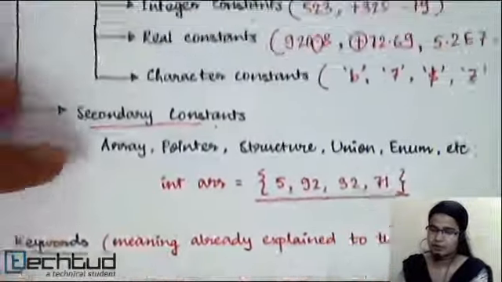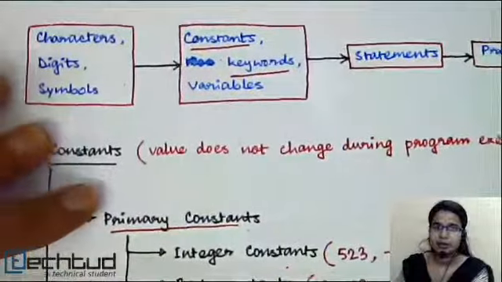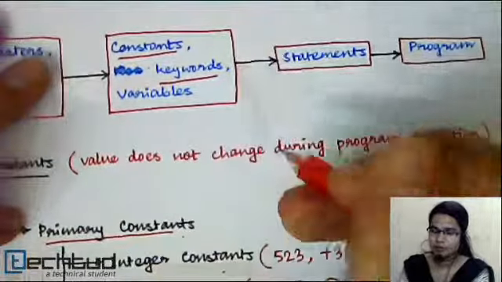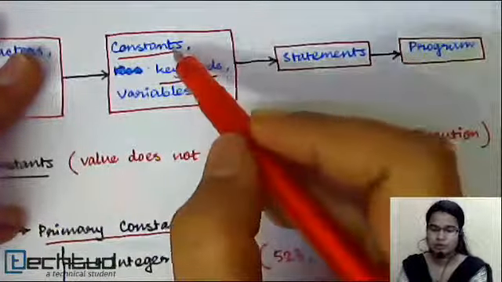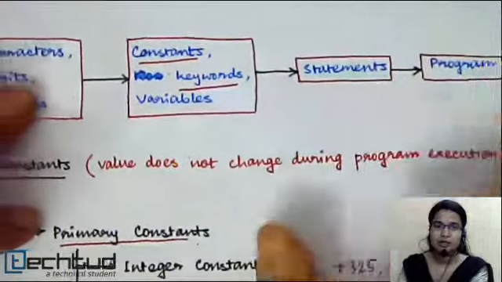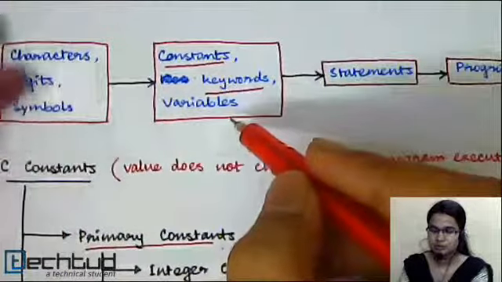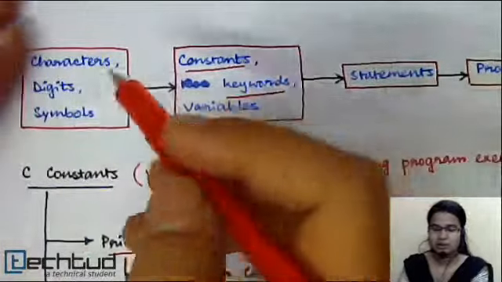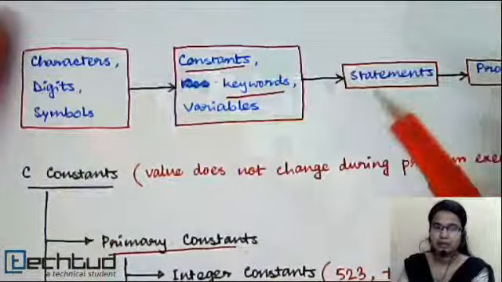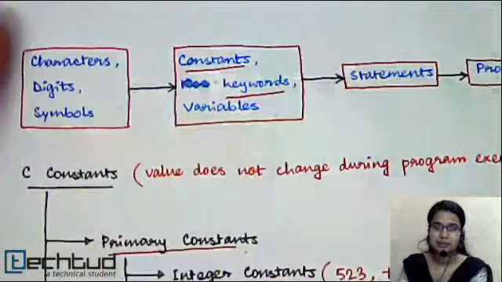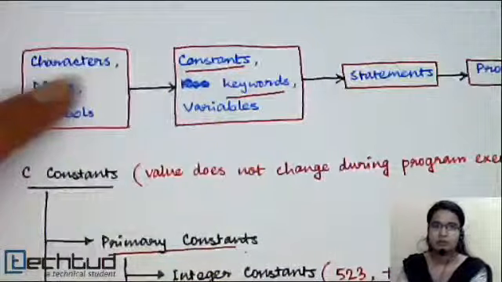So let's revise. What we have learned is that a program is formed using statements, and each statement we can form using constants, keywords, and variables. Each of these tokens is formed using characters, digits, and symbols, and there are certain rules to form them. You cannot take any set of characters or digits or symbols to make a constant or keyword or variable.